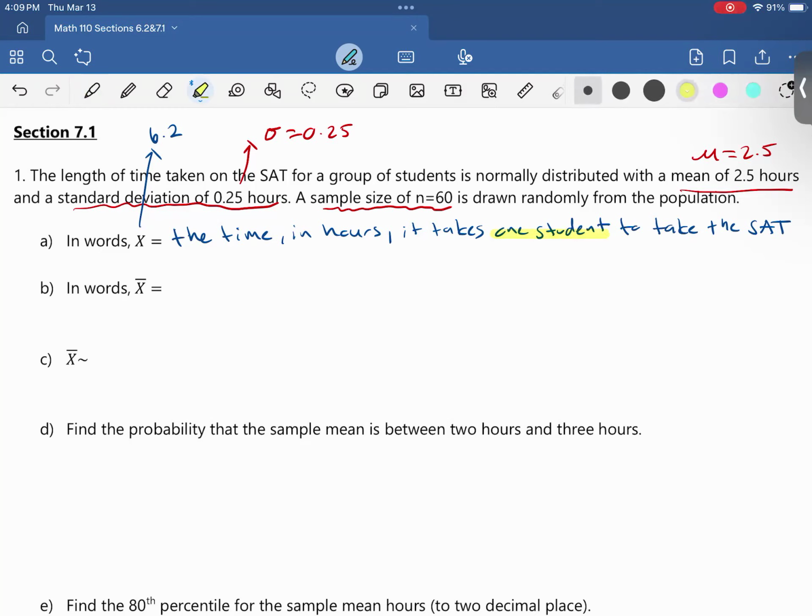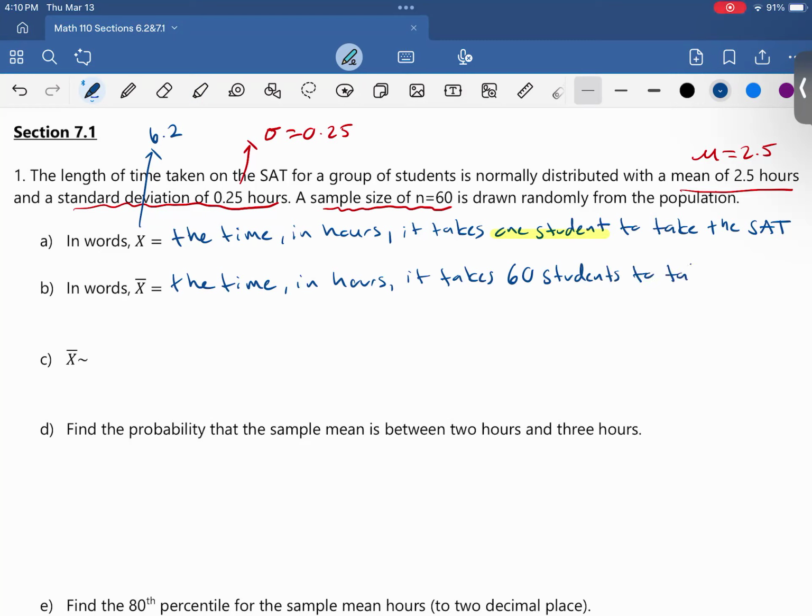Now when we do X bar, here's where the sample means come in. What X bar is telling us is the time, also in hours, it takes not one student, but the sample of 60 students to take the SAT.